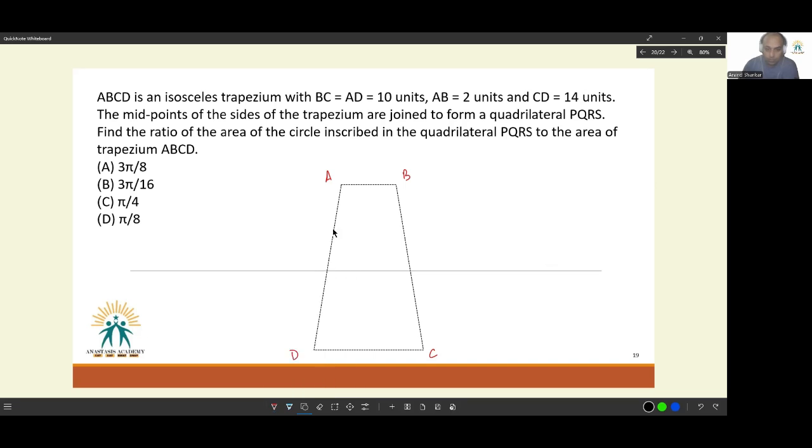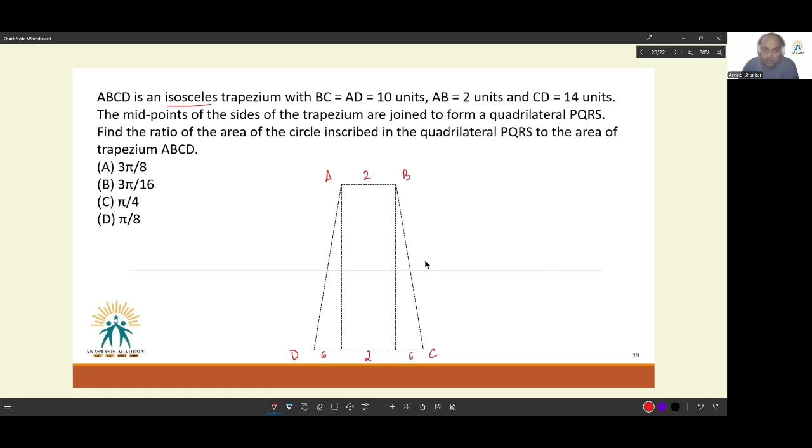Okay. This is 2. This will also be 2. Given that the total is 14, if 2 is gone, equally it will get divided because this is an isosceles trapezium. So this will become 6, and this will also become 6.